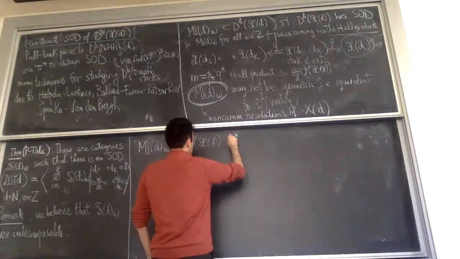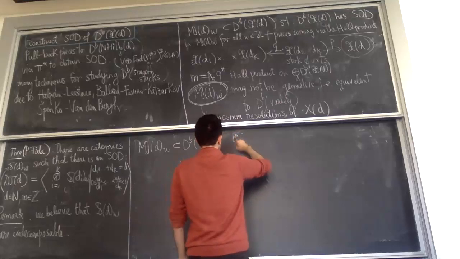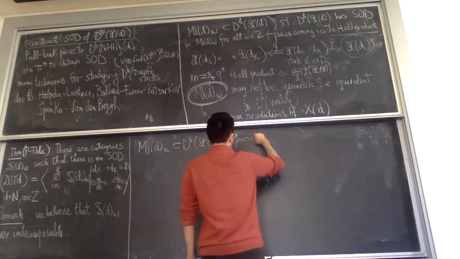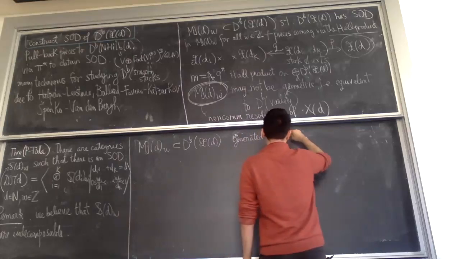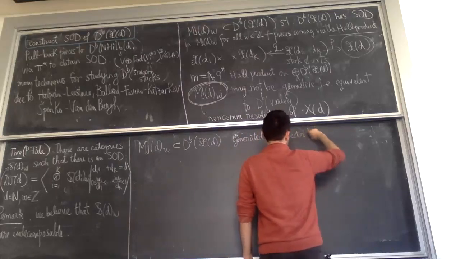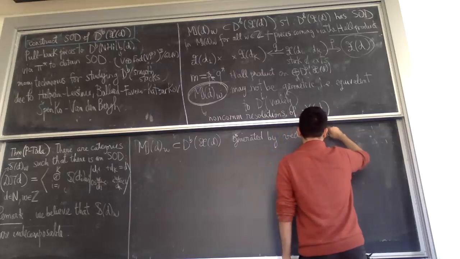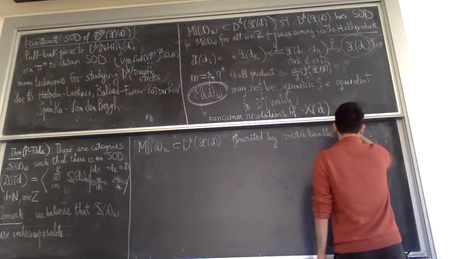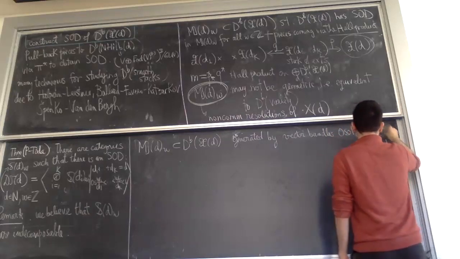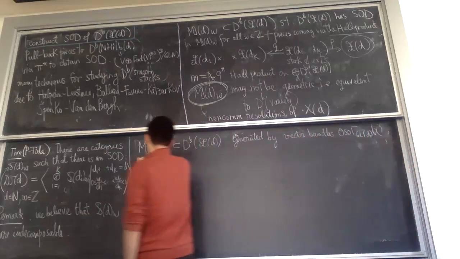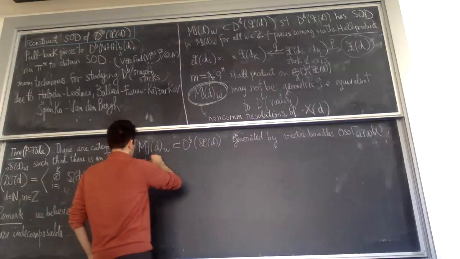They are the category generated by the vector bundles O tensor gamma GLD chi, where chi is a dominant weight.